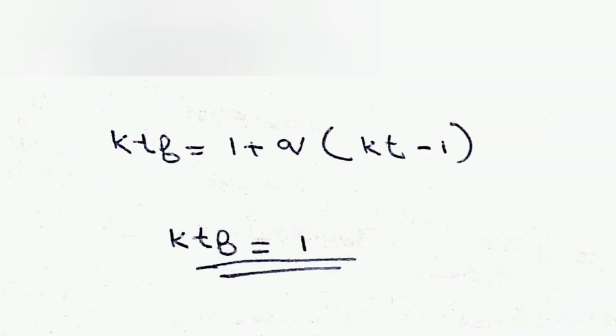KTF is equal to 1 plus Q into KT minus 1. Q is the notch sensitivity factor and KTF is the stress concentration during fatigue. The value of KT is given as 1, so 1 minus 1 becomes 0. 0 into Q, that whole term becomes 0, and 1 plus 0, the value of KTF becomes 1.